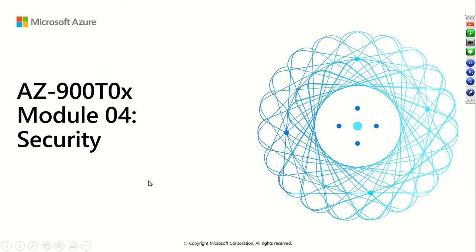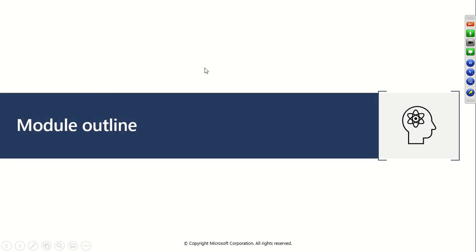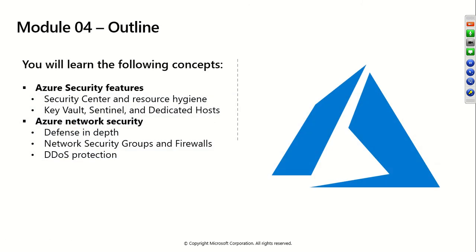All right, module 4, we want to talk about security. What are the security options available in Azure? Here we'll look at some services which Azure provides to manage security of all the resources that you may have to create or services that you may have to use.